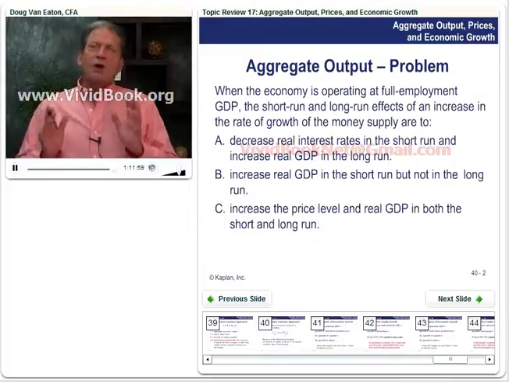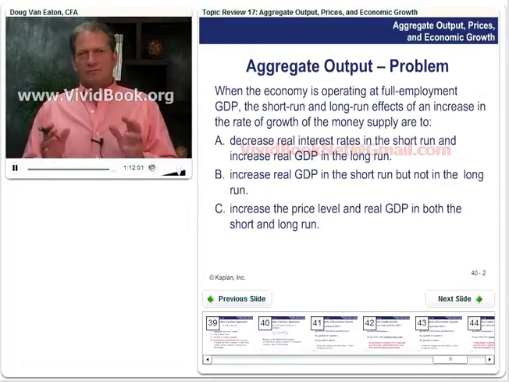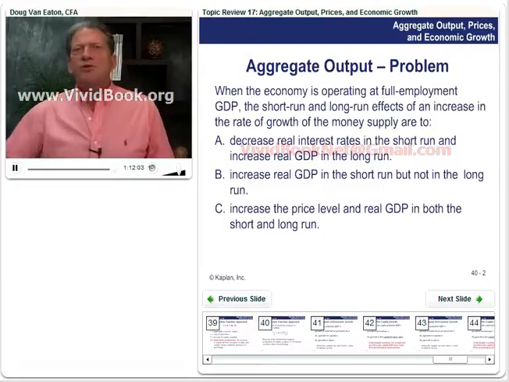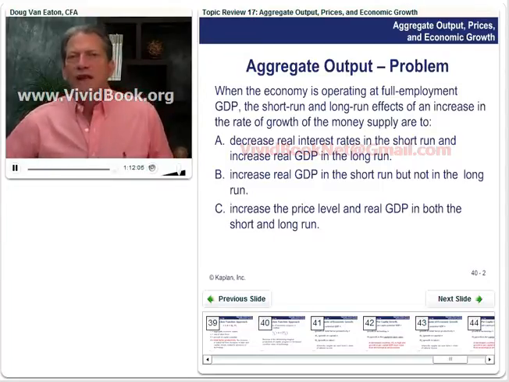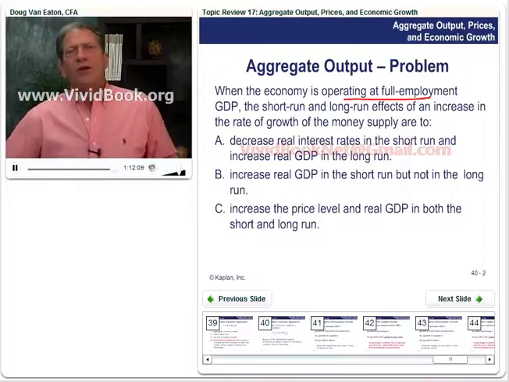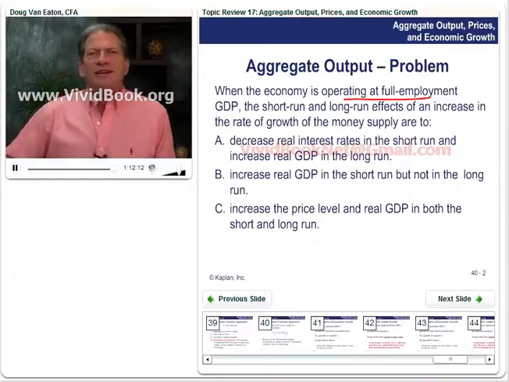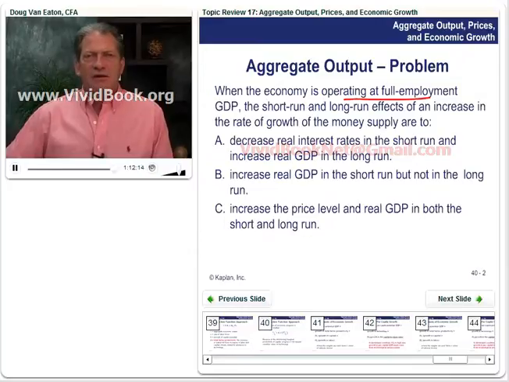But remember from our graphs, in the long run, because we're starting at full employment. So we increase the growth rate of the money supply, that increases aggregate demand. And we shift up that short-run aggregate supply curve. So in the short run, real GDP is going to increase.